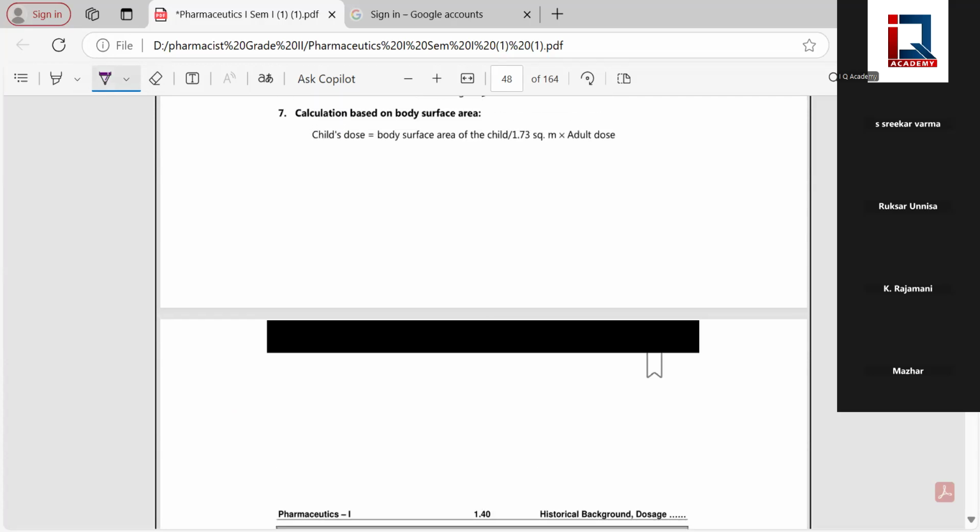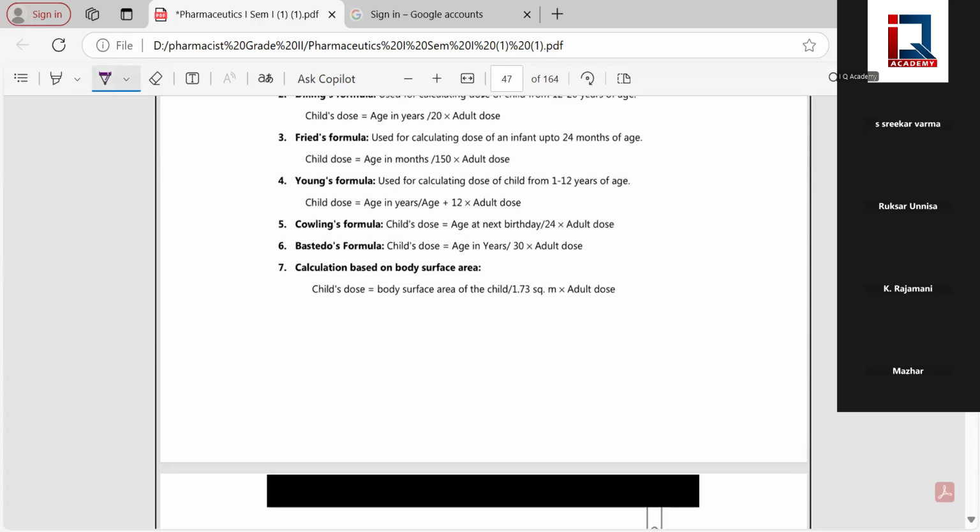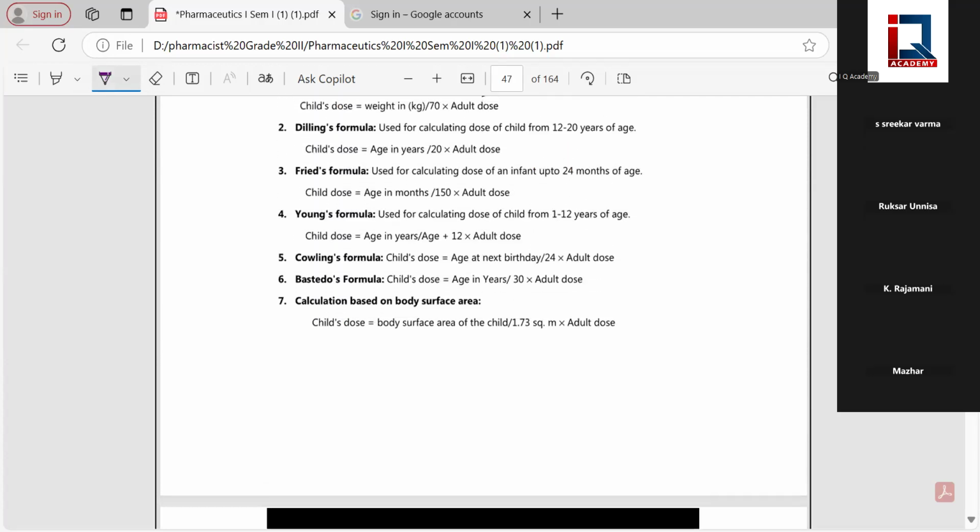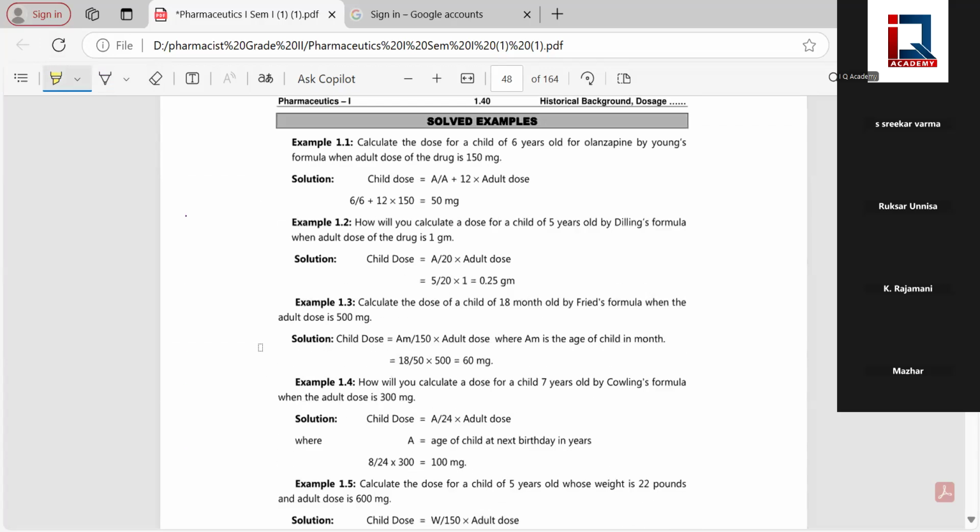Noted Dilling's formula: age in years by 20 into adult dose, right? See, if you don't respond, I can't teach. So age in years. What is the age in years given? 5 years.